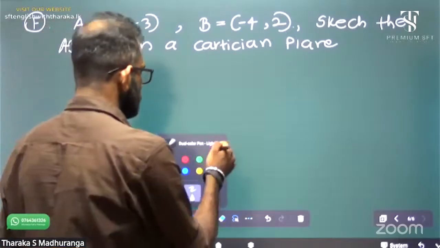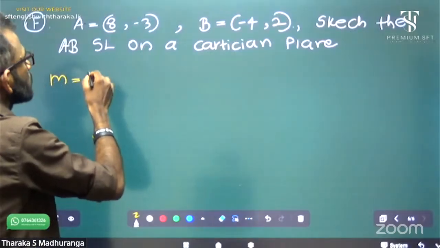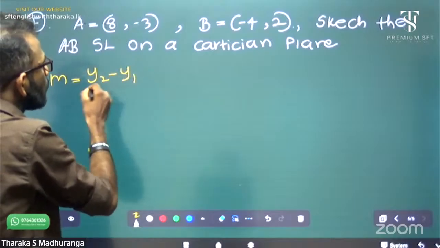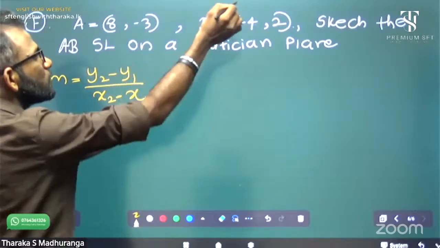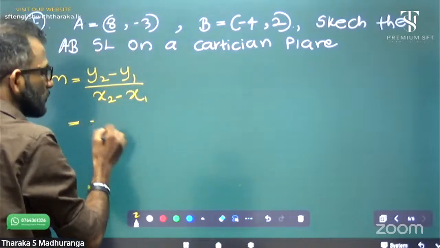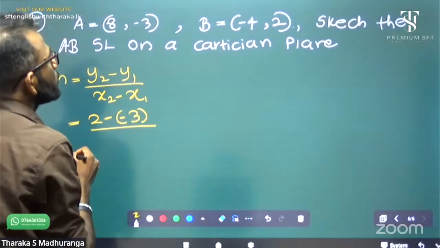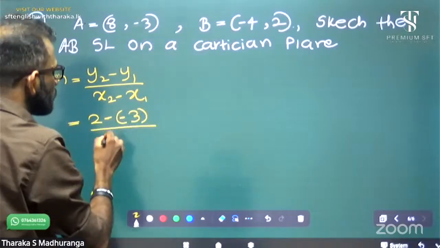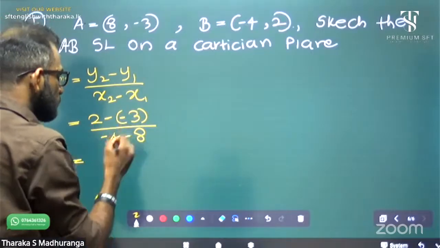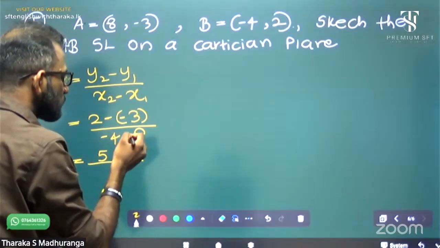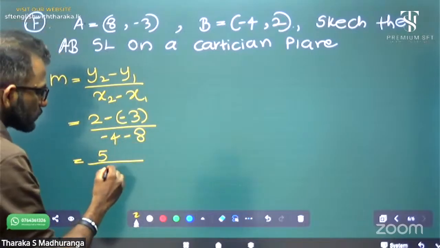Okay, let's calculate the gradient. Gradient equals y2 minus y1 over x2 minus x1. y2 minus y1 is 2 minus minus 3, which is 2 plus 3, so 5. Divided by x2 minus x1, minus 4 minus 8, which is minus 12.